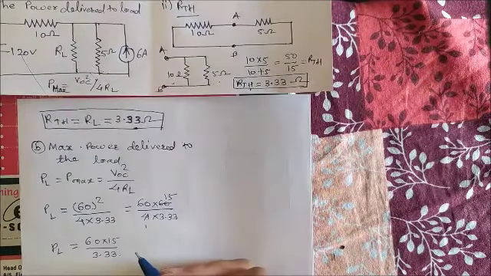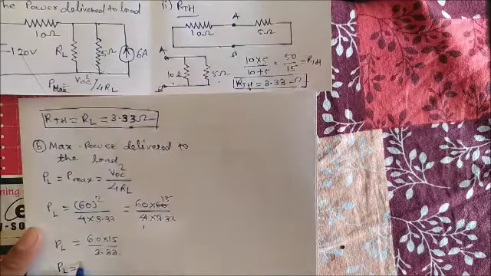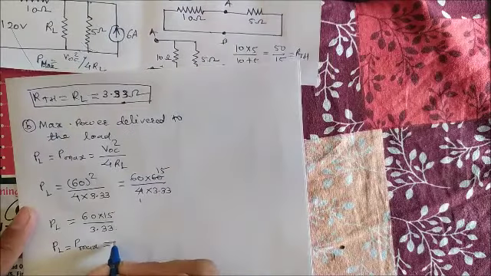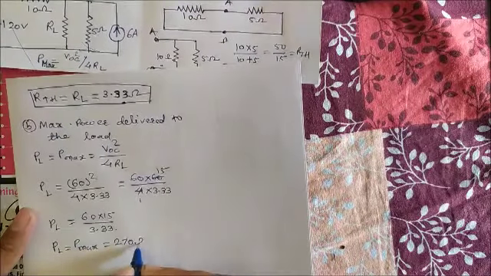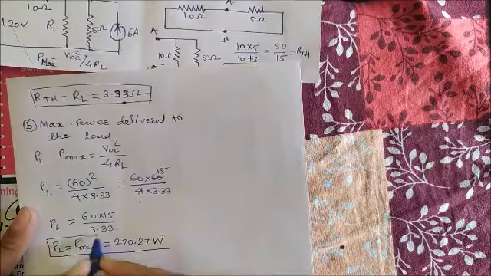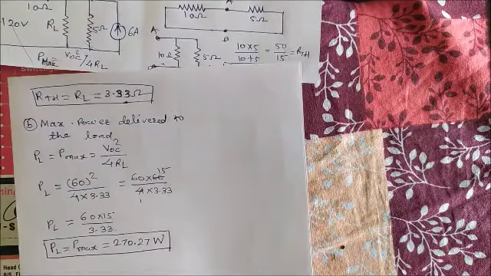After solving this, you will get the maximum power transfer at the load, P max, equal to 270.27 watt, and this is your maximum power transferred to the load resistance RL.